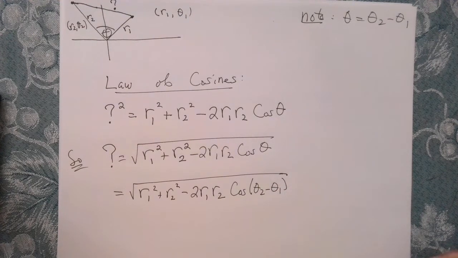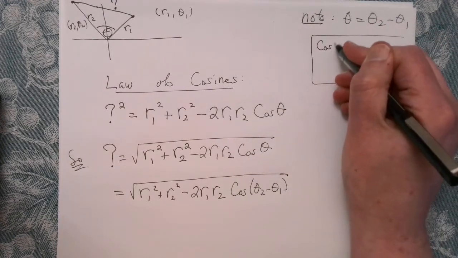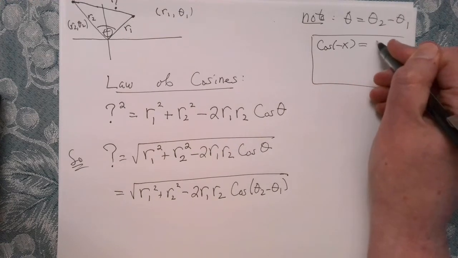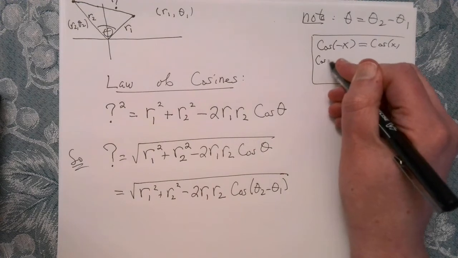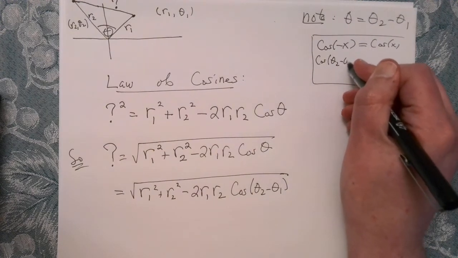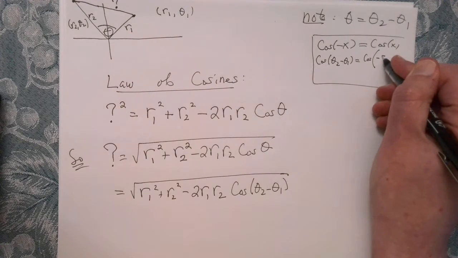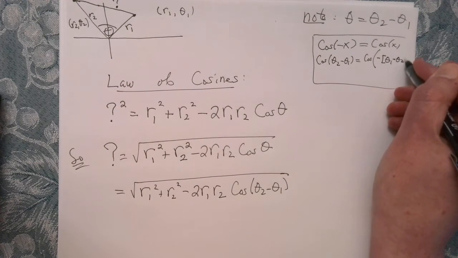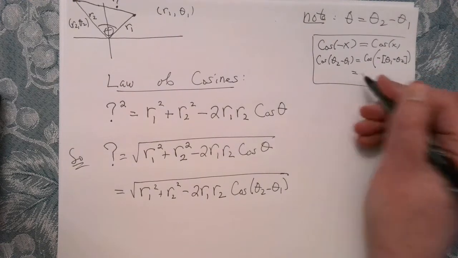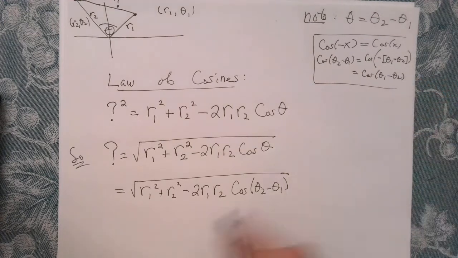But if we want to write it in terms of what we had before, we know since cosine of negative x is equal to the cosine of x for all x's, that means that cosine of theta 2 minus theta 1 is exactly the cosine of negative theta 1 minus theta 2, which is exactly the cosine of theta 1 minus theta 2.